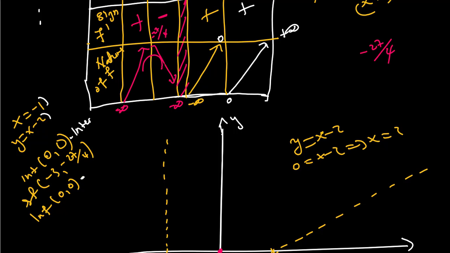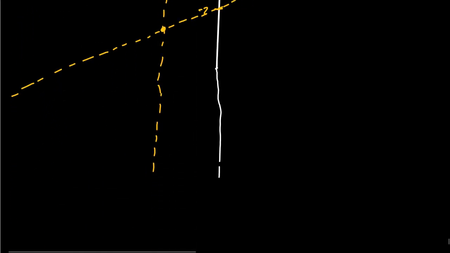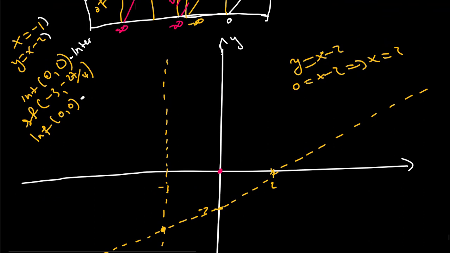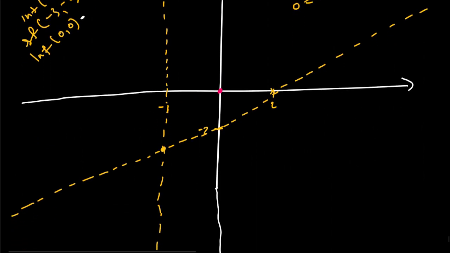So there is a change of slope, something like this. That's the same thing that is going to occur here. Now we have to plot the point -3, -27/4.